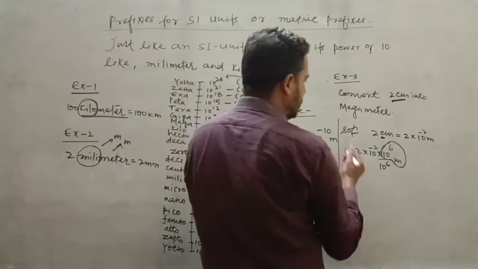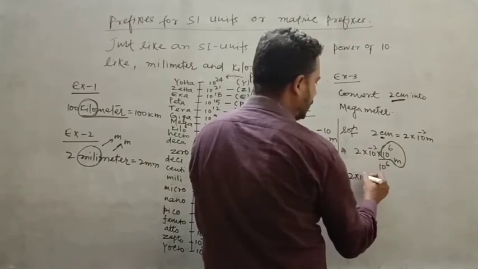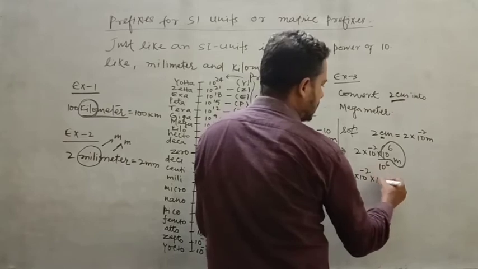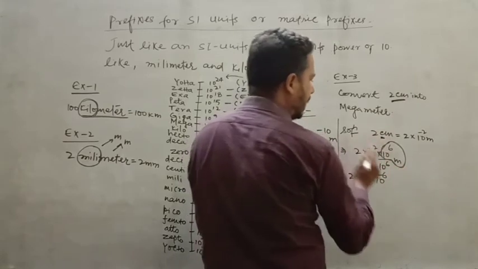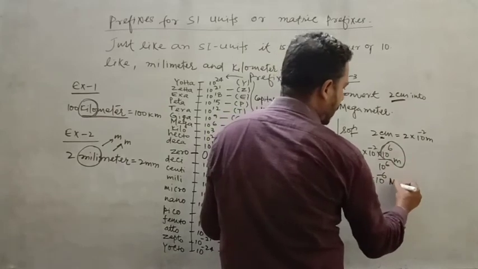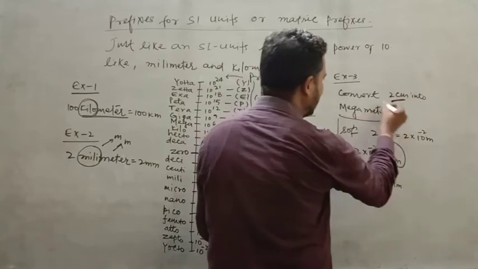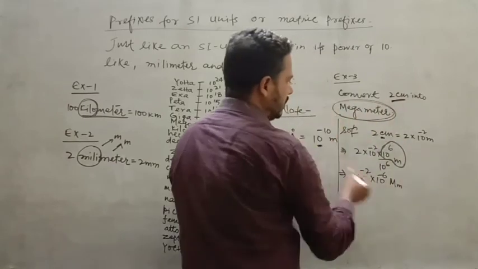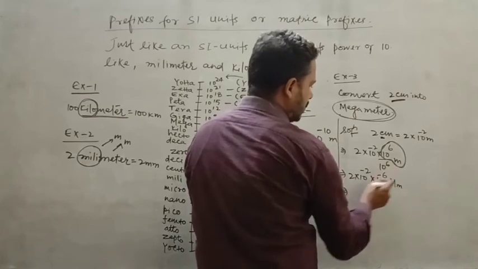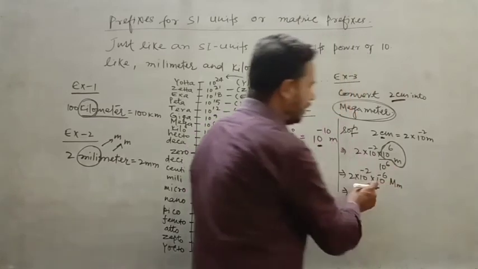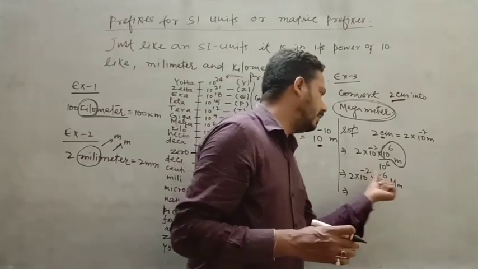Just like, see here, you have 10 raised to minus 2 cross 10 raised to minus 6. We have taken this one in the numerator part, and this one is megameter. You got it? This one is megameter. You want this megameter. Now, when the base is the same in a multiplication, then the powers are simply added.